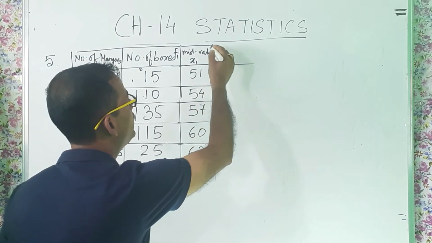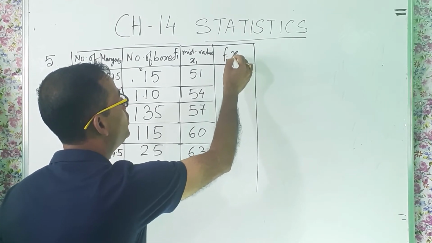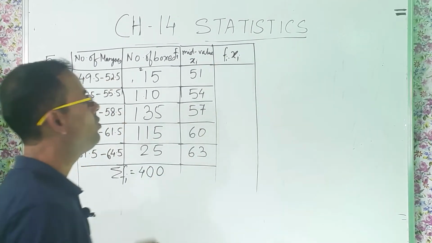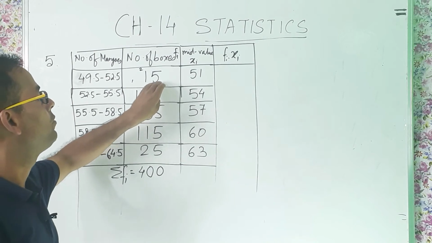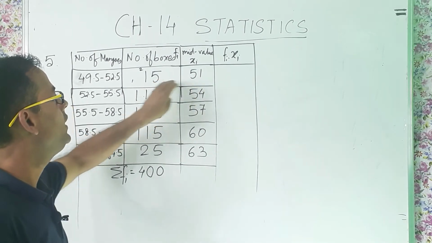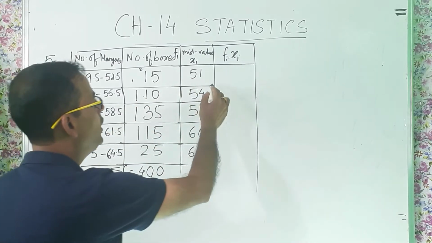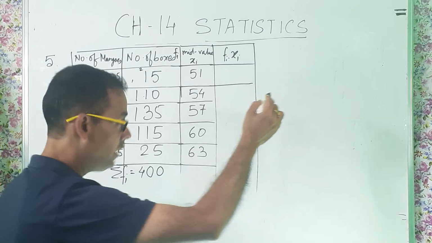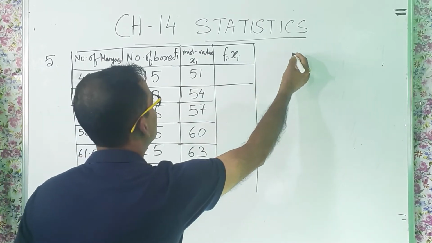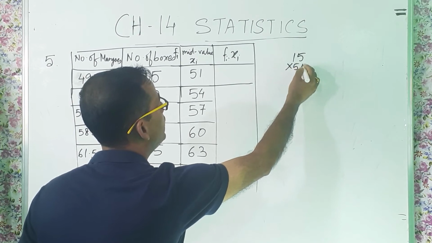Last column will be what? Last column will be Fi into Xi. Okay. So, we will multiply the frequency column and the mid value column. So, 15 and 51, all these we will multiply. So, let us multiply in the rough big multiplication. So, first one is 15 into 51.